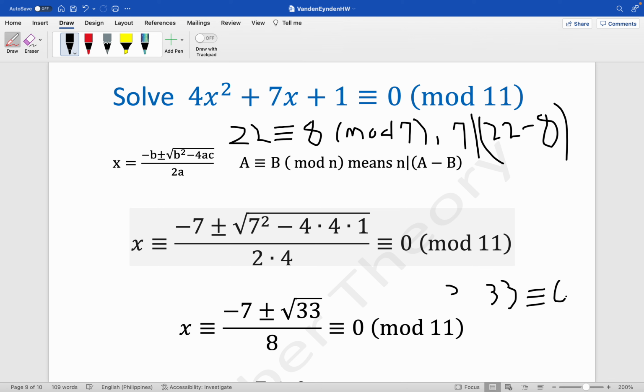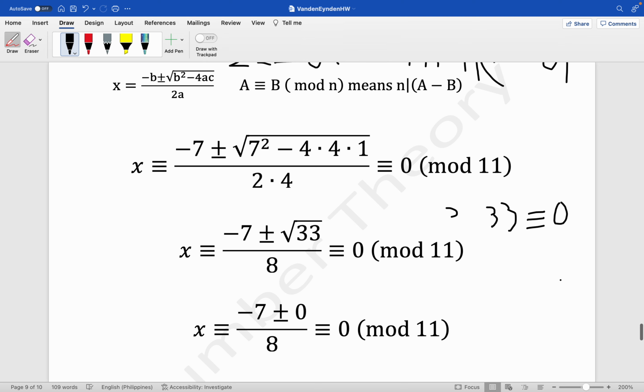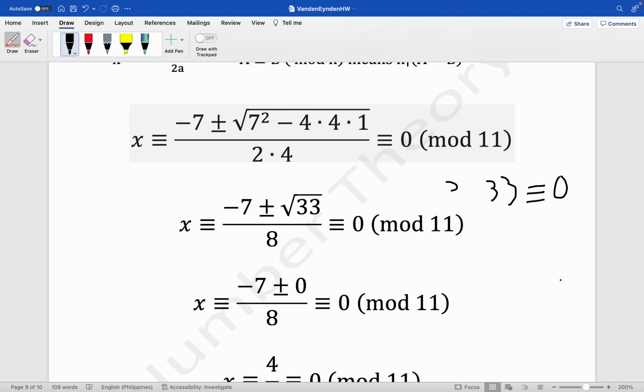All right, and so that means on the very next line, we can literally replace 33 with 0, and you can see what we did right here. Here's 33. It got replaced with 0. So congruence behaves very much like equality, almost identical to equality in a lot of circumstances. So again, 33 is equal to 0, modulo 11, so we can replace 33 with 0.